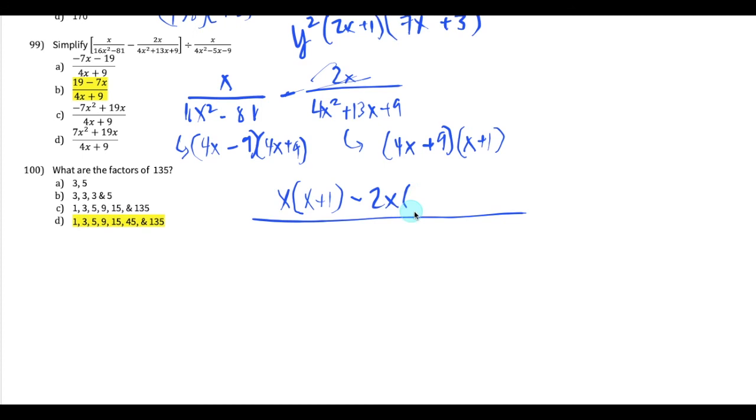Minus 2x times, anong kulang dito? 4x minus 9. Kasi ang ating LCD is 4x minus 9 times 4x plus 9 times x plus 1. Ayan sila. Okay? Ulitin ba natin to? No, kasi na-consider na siya dito.